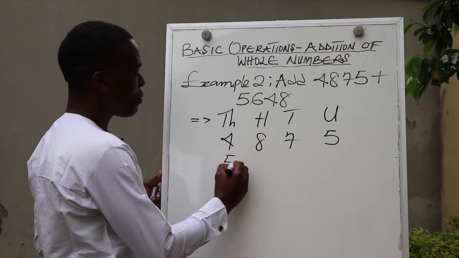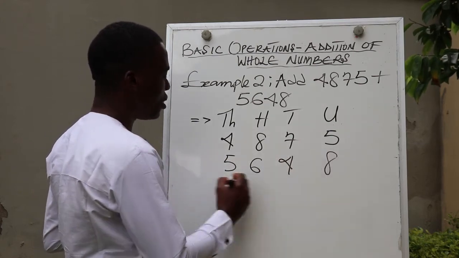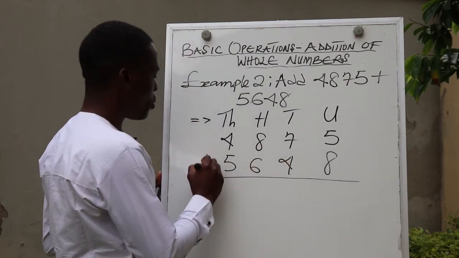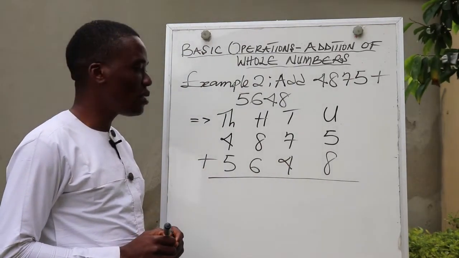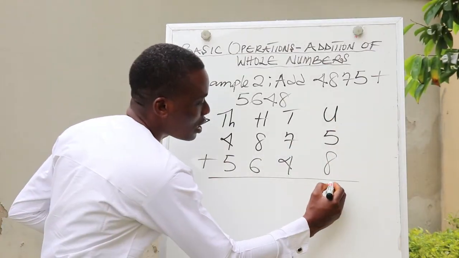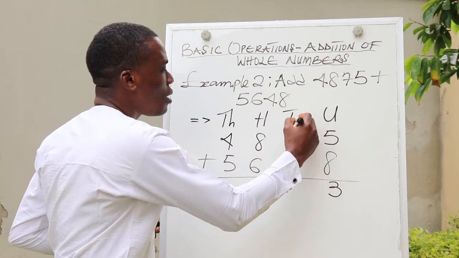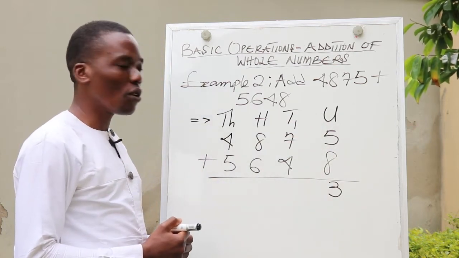While this will give us 5, 6, 4 and what? 8. All you need to do is to what? Is to add. Now let's go about the addition of these numbers. 5 plus 8 will give us 13. So you write 3. You take over 1 and add it to the next set of numbers.